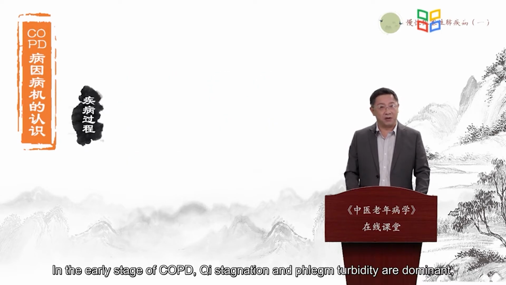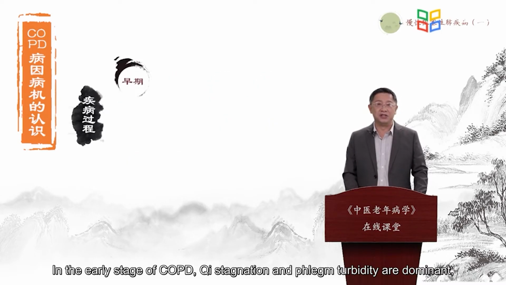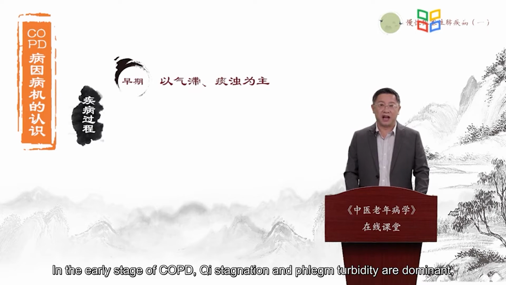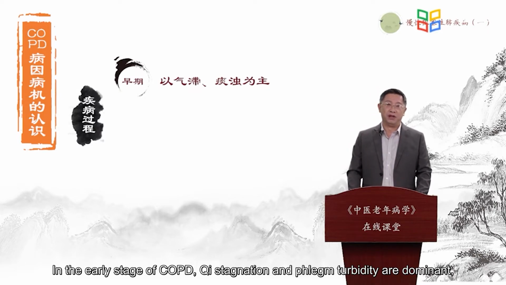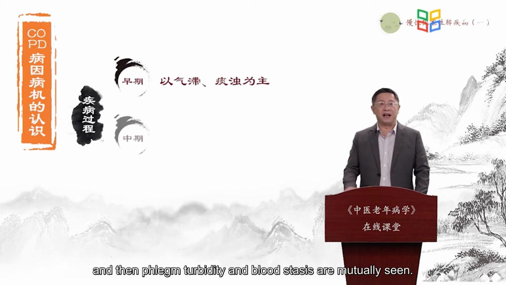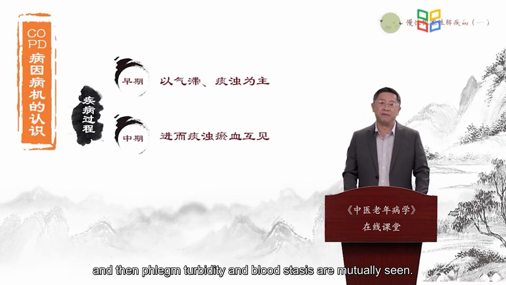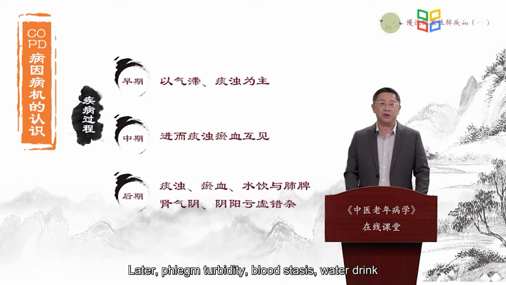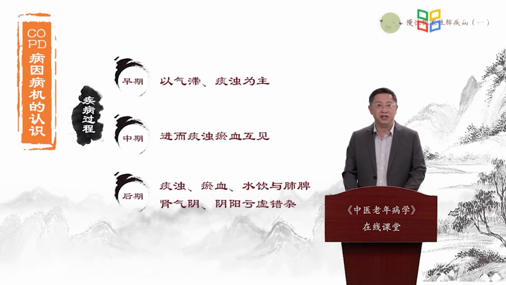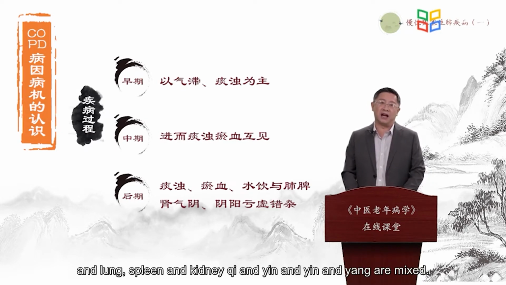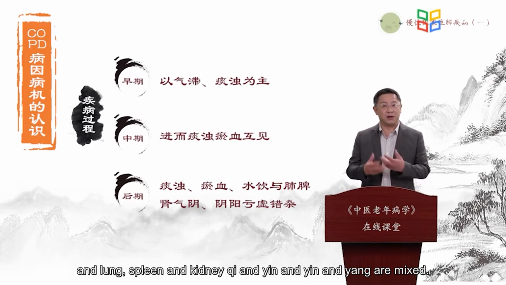In the early stage of COPD, qi stagnation and phlegm turbidity are dominant, and then phlegm turbidity and blood stasis gradually appear. Later, phlegm turbidity, blood stasis, water drink, and deficiency of lung, spleen, and kidney qi, yin and yang are mixed.